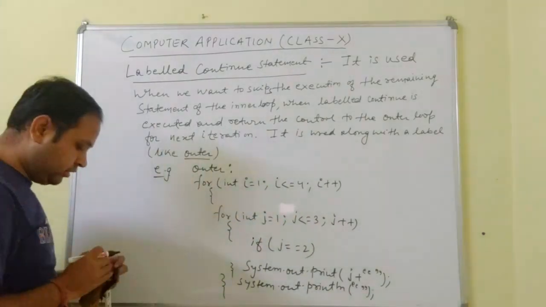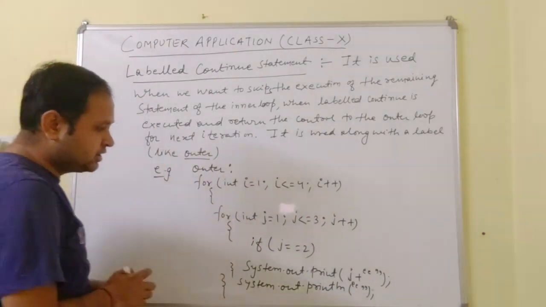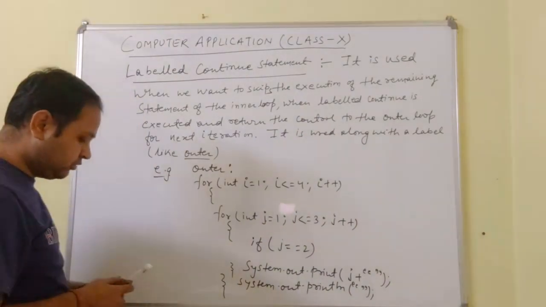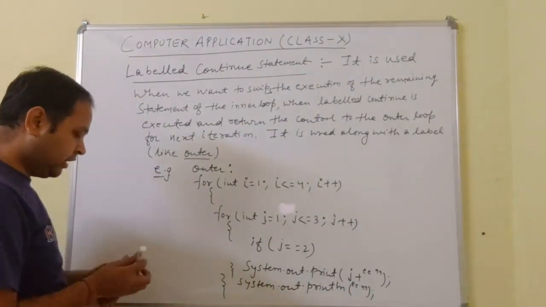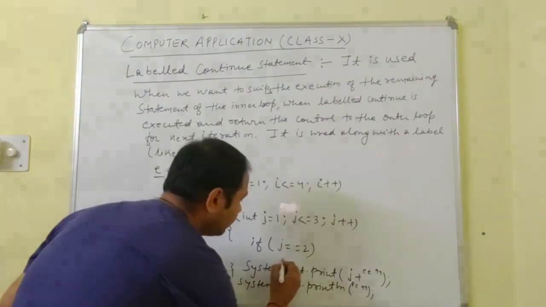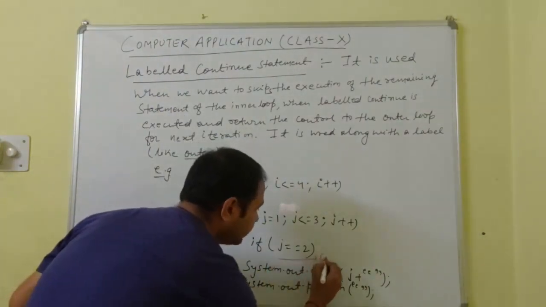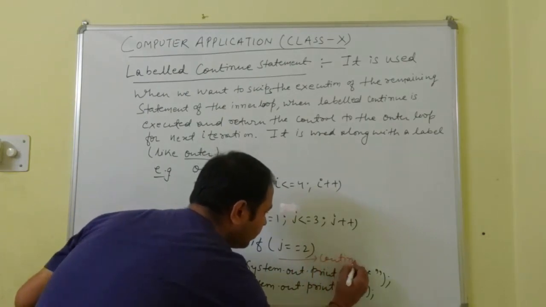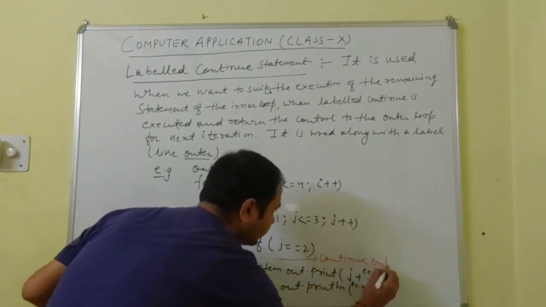Now I have left a line over here, if j is equal to 2. After j is equal to 2, I will write here continue outer, semicolon.